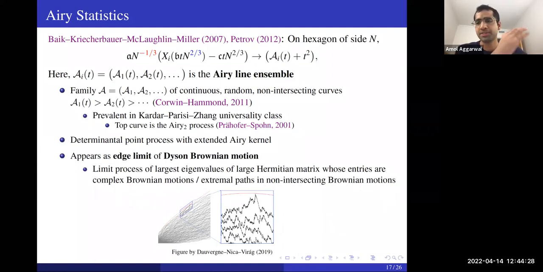It's related to random matrix theory, like the previous two limiting phenomena were. It's the edge limit of Dyson Brownian motion, as in the picture shown over here, where I have these paths, and at the edge they converge to something. We've zoomed into the edge over here, and this is a picture of the Airy line ensemble.